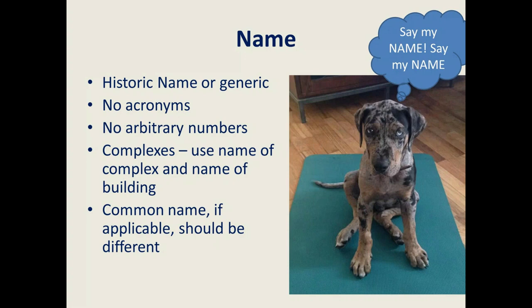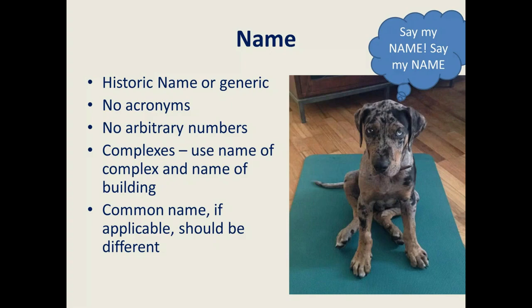Also, please don't use arbitrary numbers. You may have an arbitrary numbering system like building 1, 2, 3, 4, 5, 6, 7, and it may correspond with a sketch map that you have in your report. But remember that when someone looks at this from outside the context of your report, they're not going to know what those numbers mean. They're not going to have your report. So please refrain from using arbitrary numbers. It could just say barn, outbuilding, house, and that would be okay.